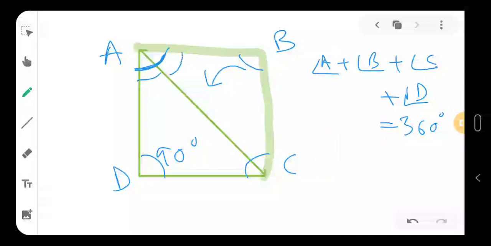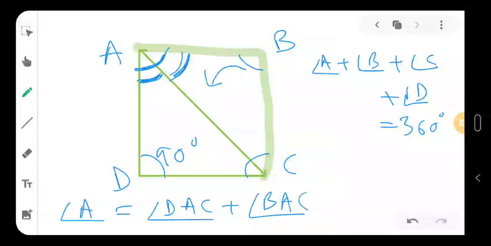That means you can see that the angle DAC, or better say angle A, is equal to the sum of this angle DAC plus this angle BAC, right? And the total angle is 90 degrees.